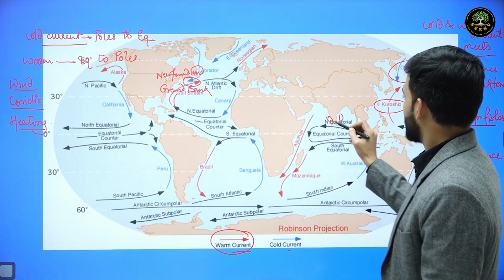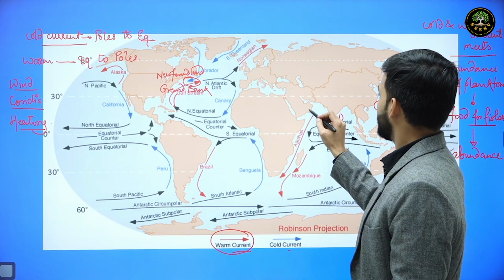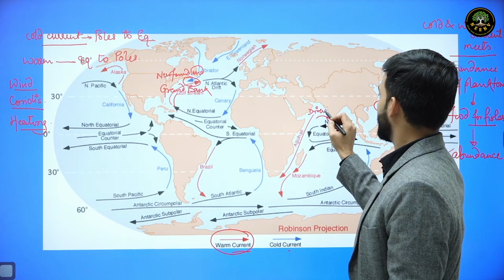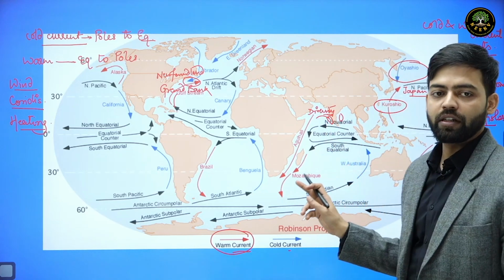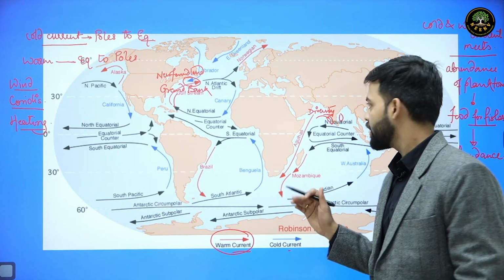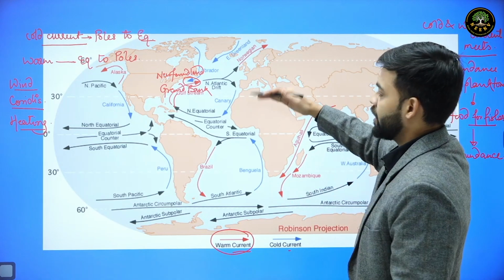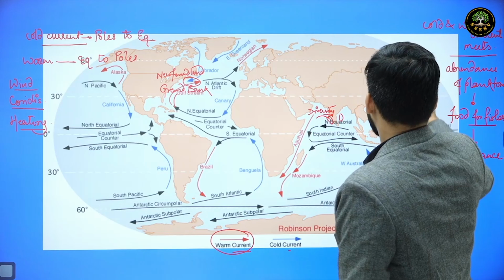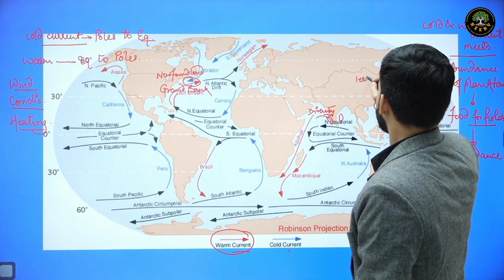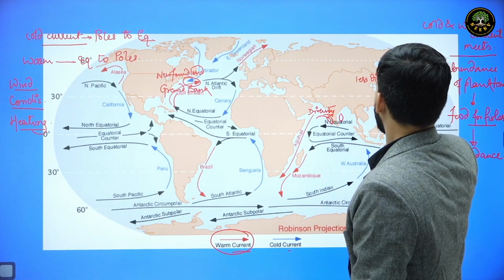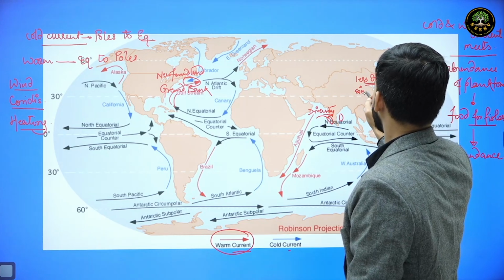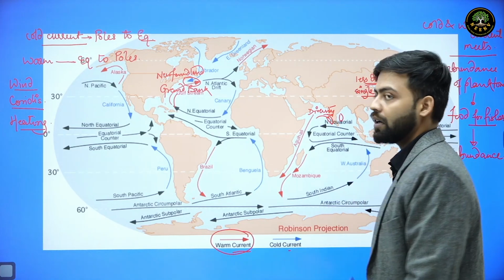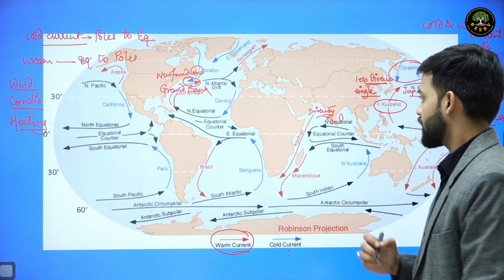Why? Because here the diversity of species is very high. So in tropical areas the diversity of species of fishes is very high as compared to extratropical or temperate areas. Here less diverse fishes are there, so a single species of fishes can be there, which is economical as far as fishing is concerned.